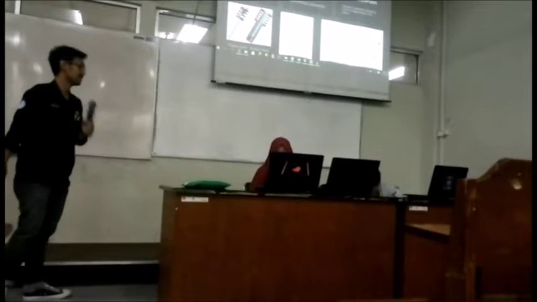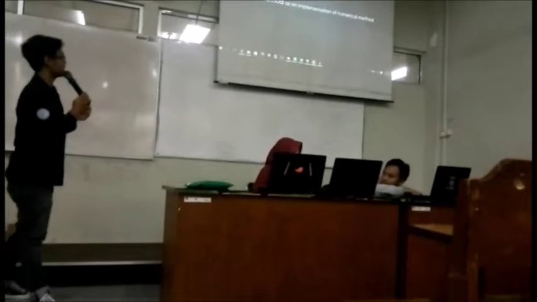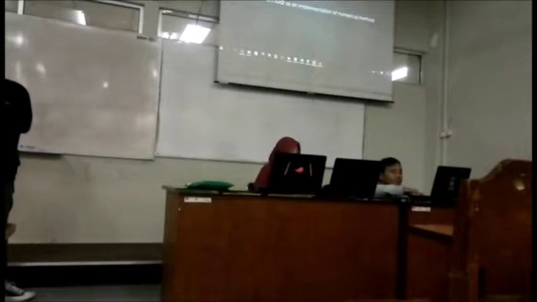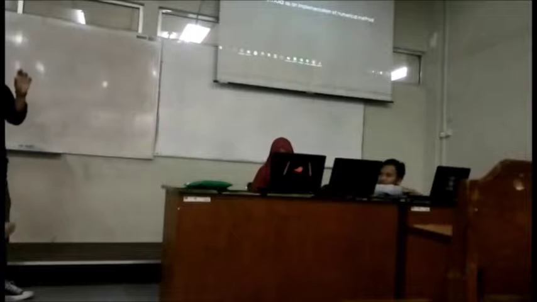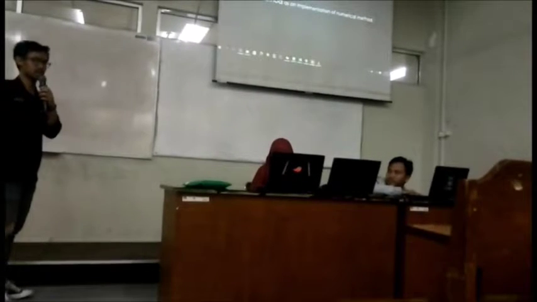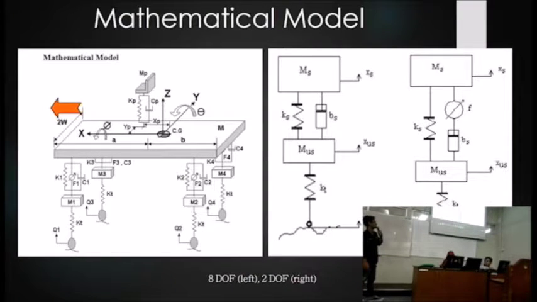And next. For the method in MATLAB, we're using the second method for finding the proper pressure for the spring to have performance on a straight line. Next, this is the mathematical model.